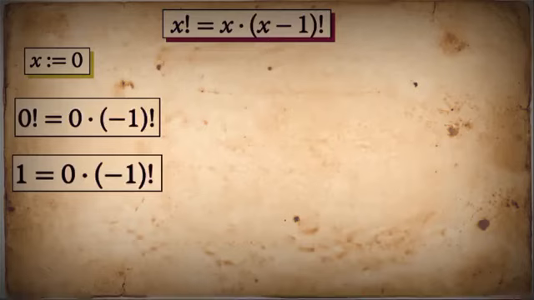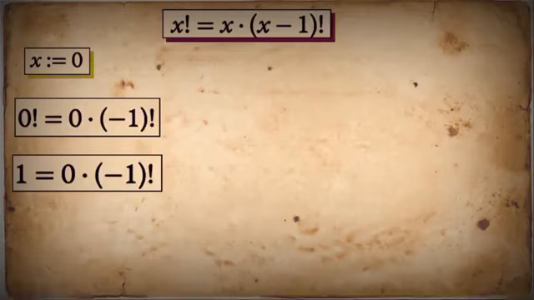The equation says 1 equals 0 times the factorial of negative 1. But 0 times anything is always 0. You can never get 1 by multiplying 0 by some other number. This is a genuine contradiction, a bug in the system. The factorial of negative 1 cannot exist as any finite number. The recurrence simply breaks down at 0.